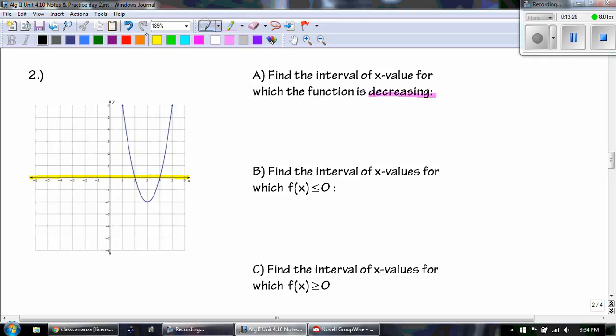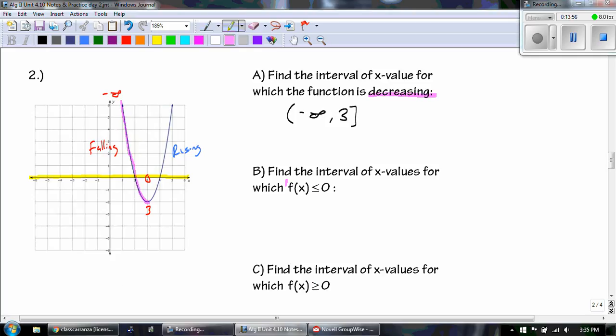So we would need to see which side we are rising and which side we are falling. Decreasing means we are falling. So we start falling at -infinity and I stop falling at 3. So that interval would be from -infinity to +3.